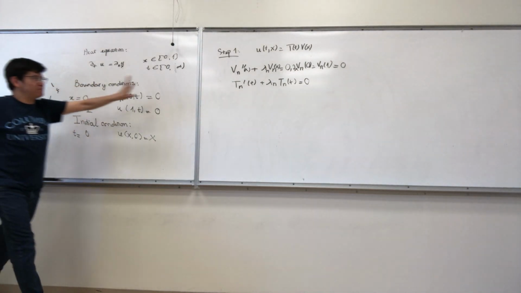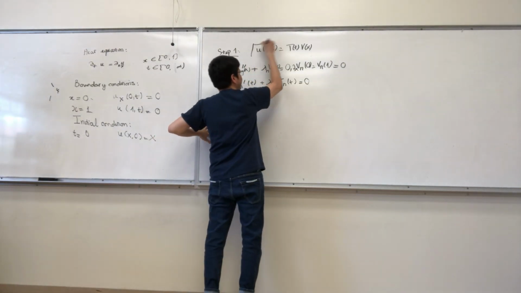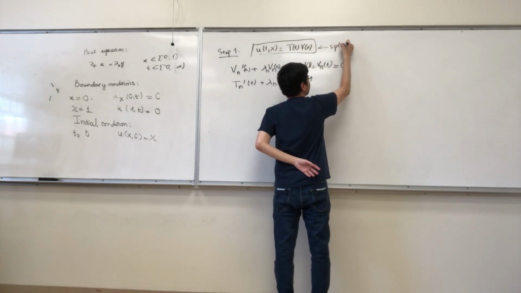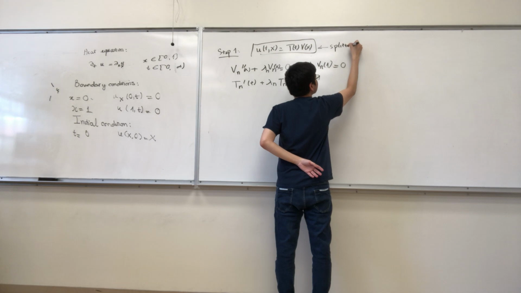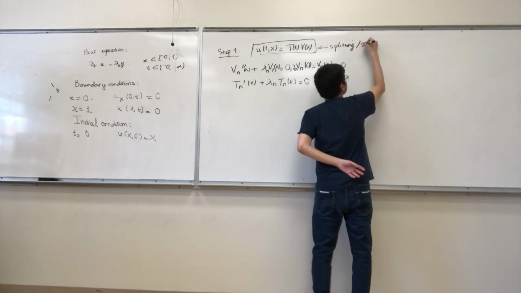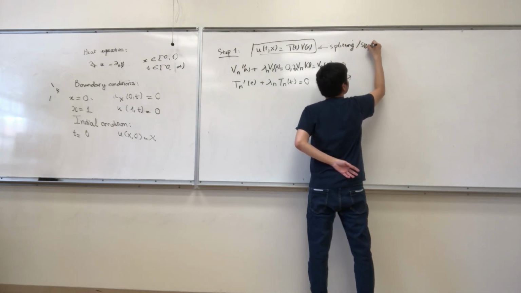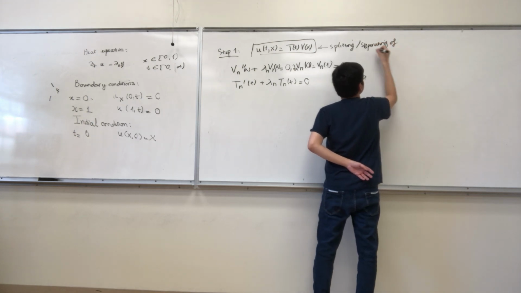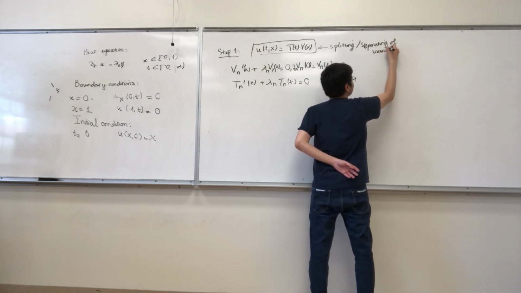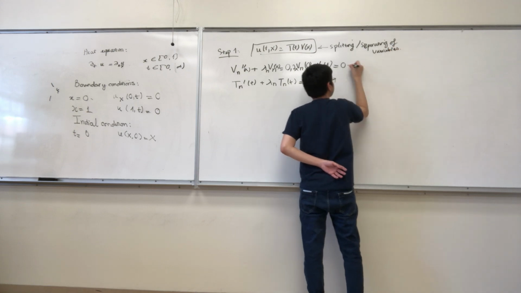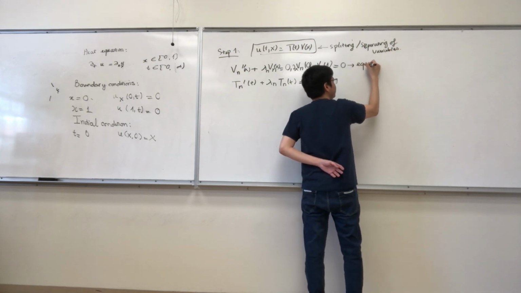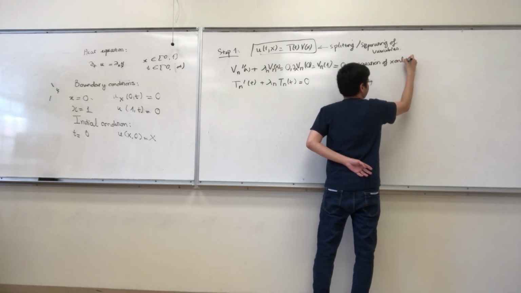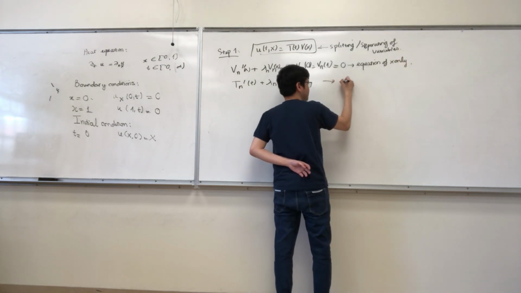So the key idea of everything is to do the splitting here, the separating of variables. So this is an equation of x only, and this is an equation of t only, right?